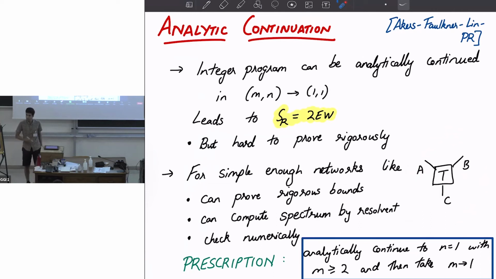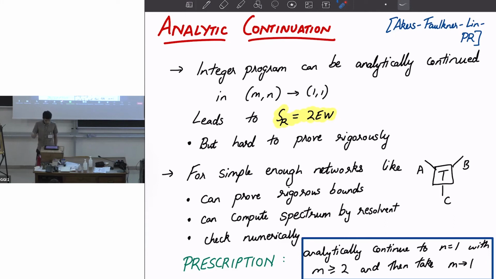You can prove rigorous bounds, which allow you to believe that the analytic continuation is correct. There are also resolvent-type calculations you can do, where you resum all of the moments of the density matrix, get some spectrum, and compute the reflected entropy. And there are numerical checks you can do with these small tensor networks, all of which give this consistent story. So it adds a lot of evidence to the analytic continuation.